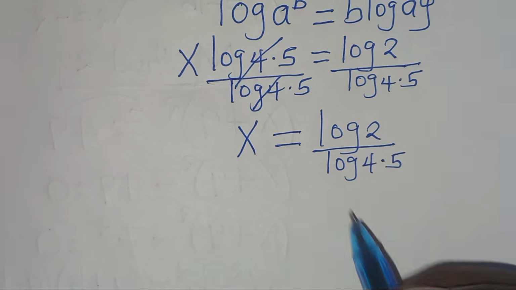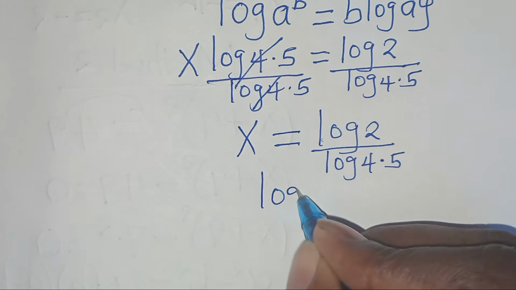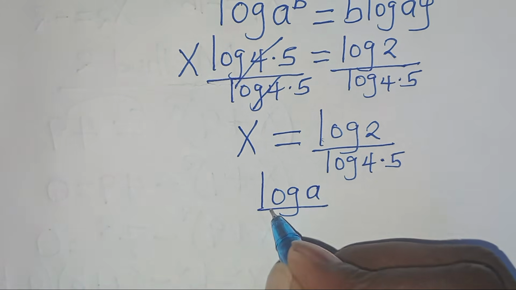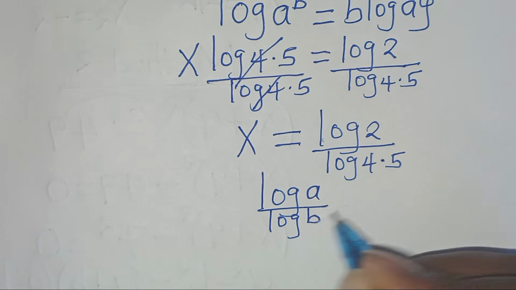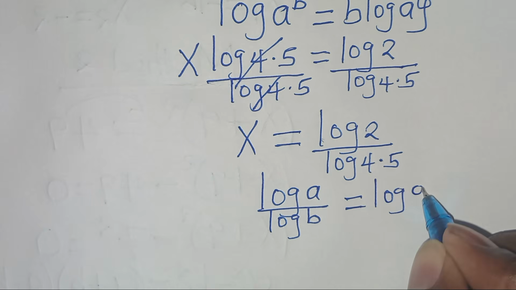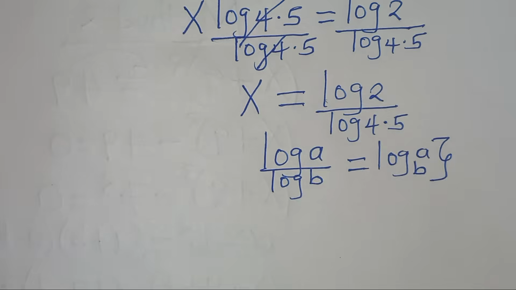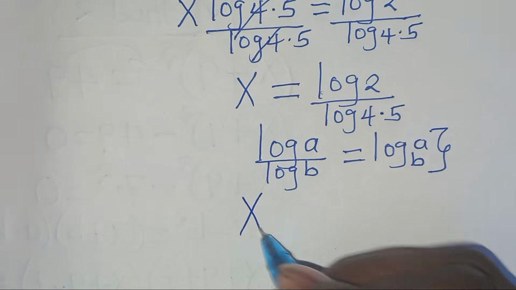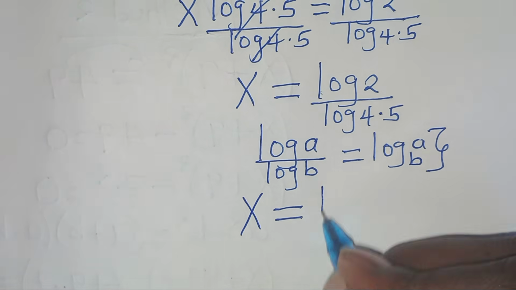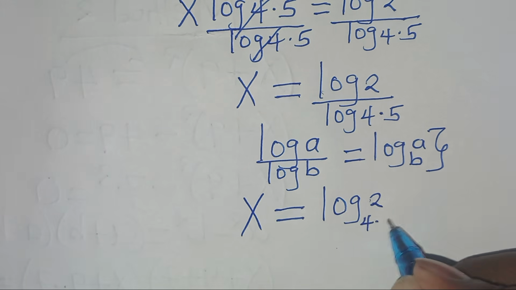Now we have that log 2 divided by log 4.5 is of the form log a divided by log b, which we can express as log a to base b. Now this is to mean that we can express x as the same thing as log 2 to base 4.5.